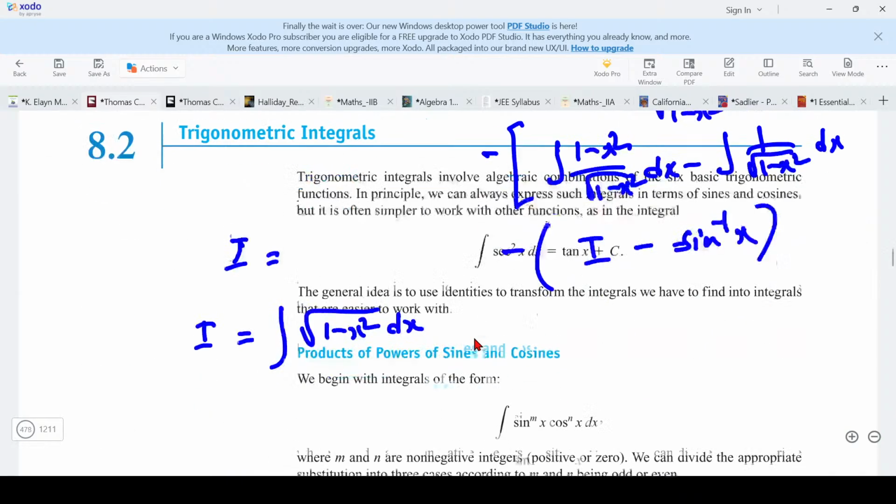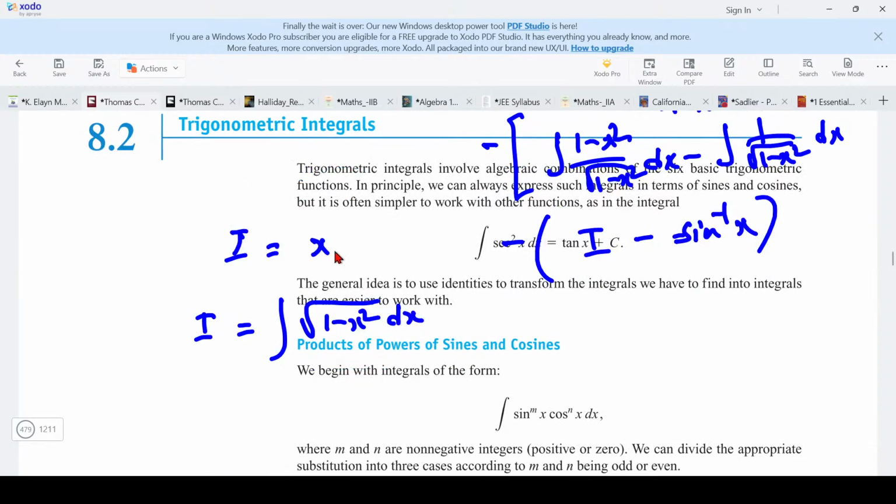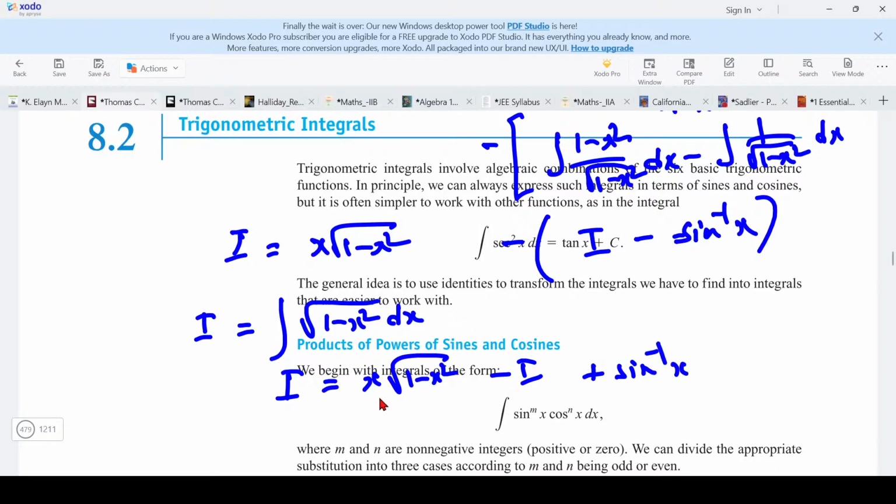I equals x under root 1 minus x square minus I plus sine inverse x, right? So 2I becomes this.